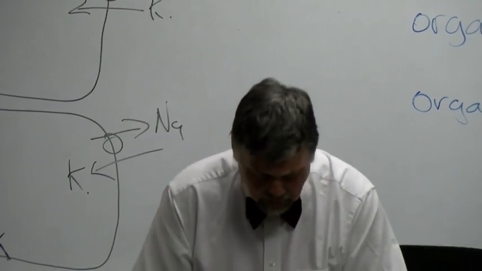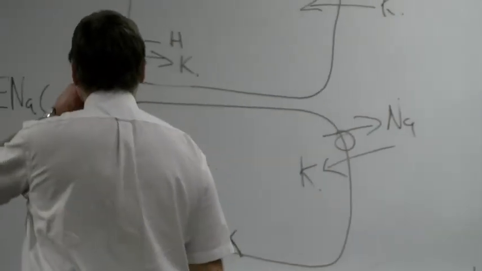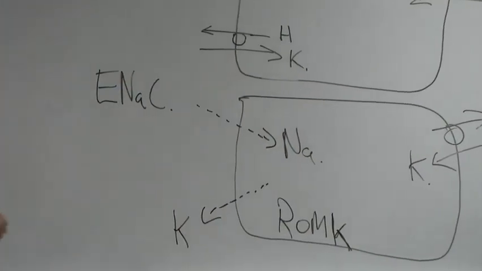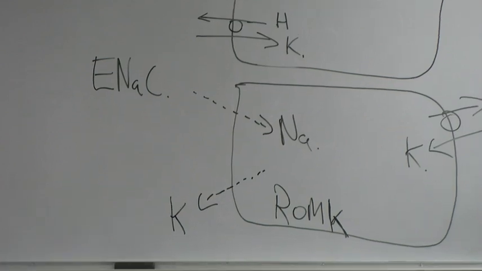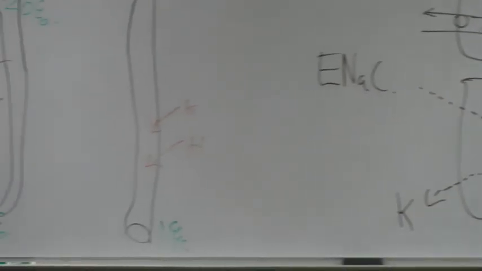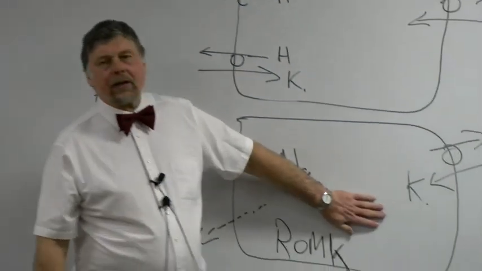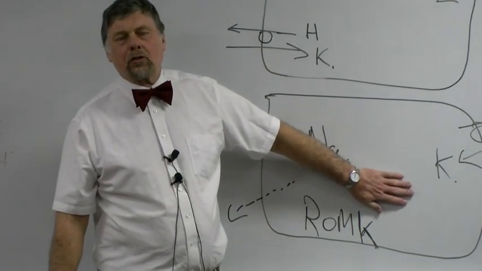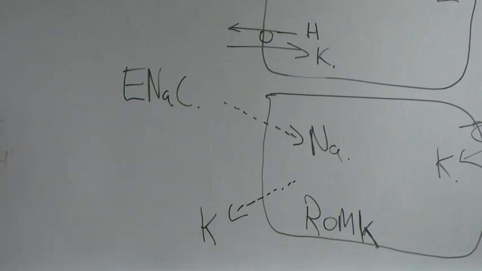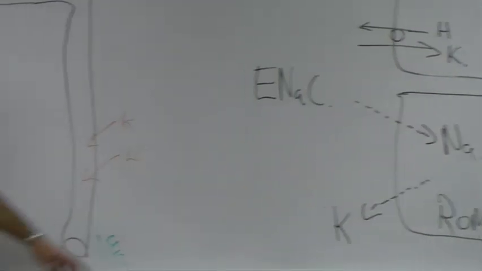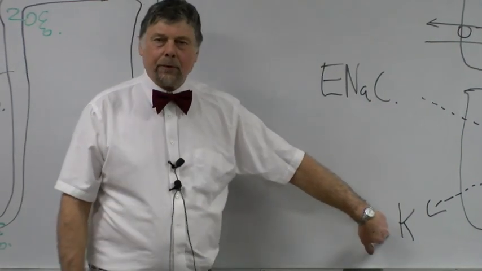So diuretics that work here, like amiloride and aldosterone antagonists, are referred to as potassium-sparing diuretics. So how does that work? If you inhibit this cell with amiloride or an aldosterone antagonist, what is the overall effect? It's going to limit the loss of potassium, isn't it?